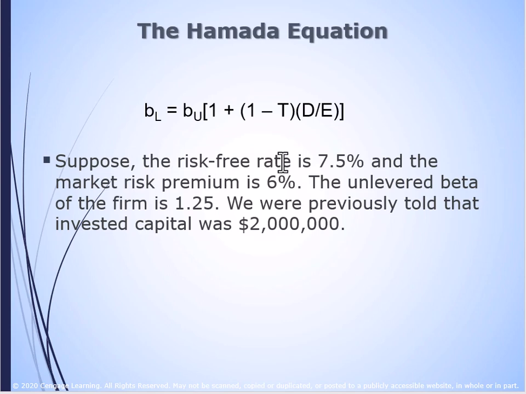So if the company has a risk-free rate of 7.5%, the market risk premium is 6%, the unlevered beta of the company is 1.25. And we were previously told, right, the invested capital we had was $2 million. So let's see what happens to beta when we change and go from a company that has zero debt to a company that has debt.